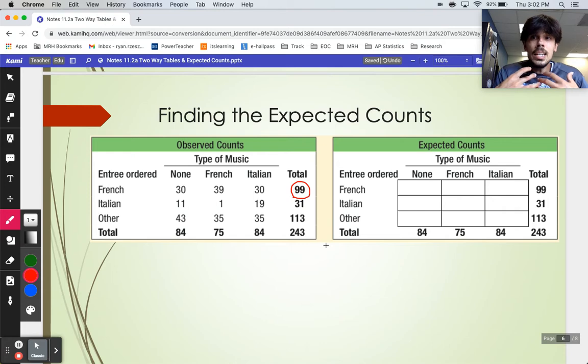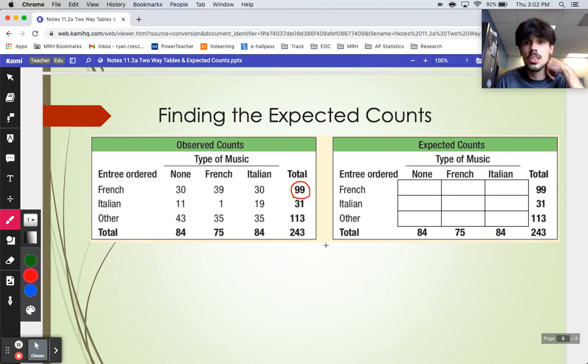So if there were 99 people altogether, you would expect that to be evenly distributed between the people with no music, French music, and Italian music. So if all three of those group sizes were the same, I would just split that into thirds and go 33, 33, 33.